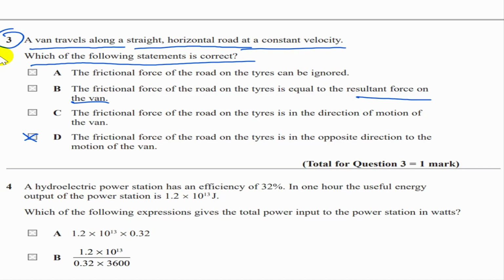Some students think this one is correct, that the resultant force on the van is equal to the frictional force of the road on the tire. So it is not correct. Total for question 3 equal to 1 mark.